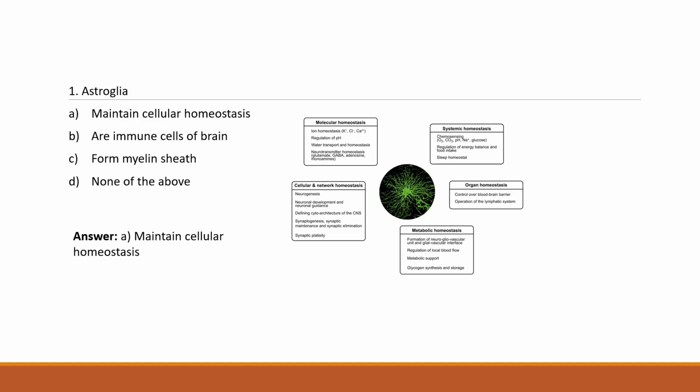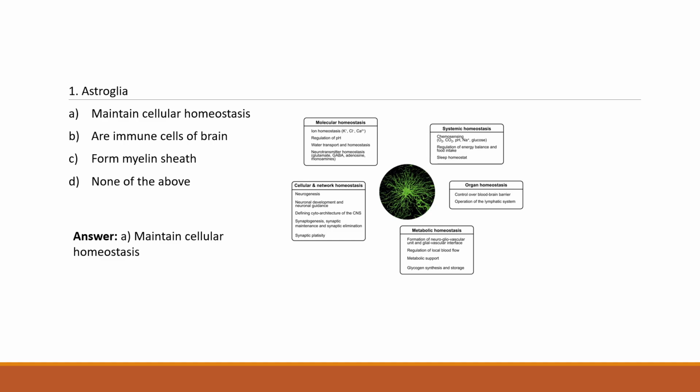At the same time, it also defines the cytoarchitecture of the central nervous system. So, your central nervous system is a huge network. So, the architecture of this is very important because it will help in sending signals to different parts of your body. So, the central nervous system architecture is also maintained.